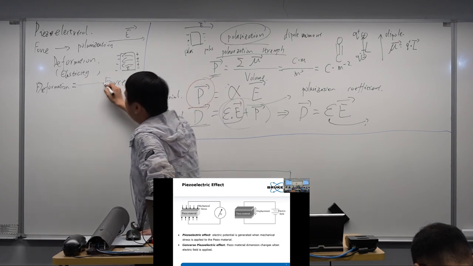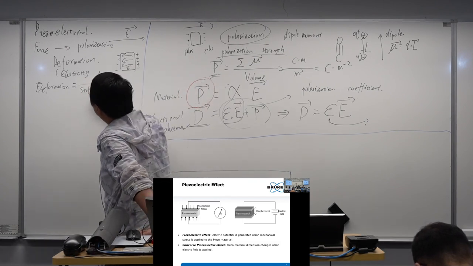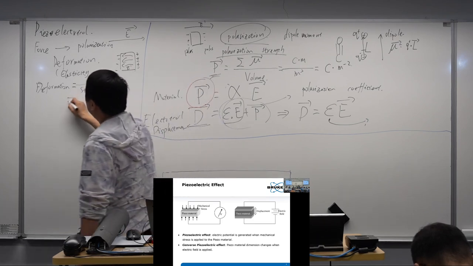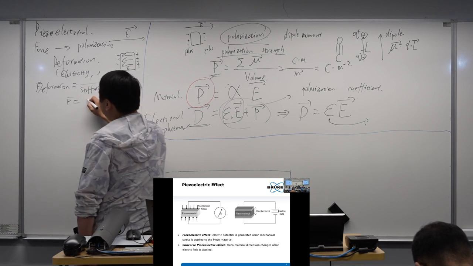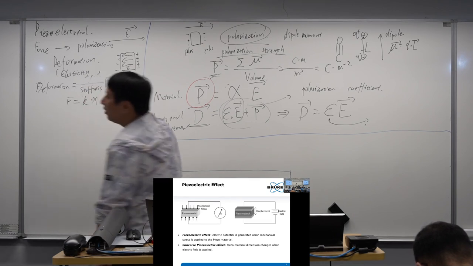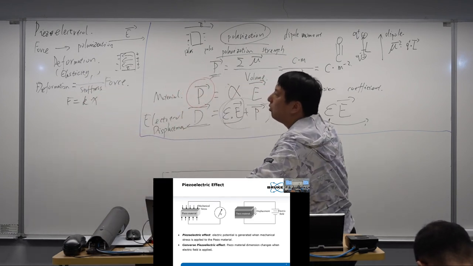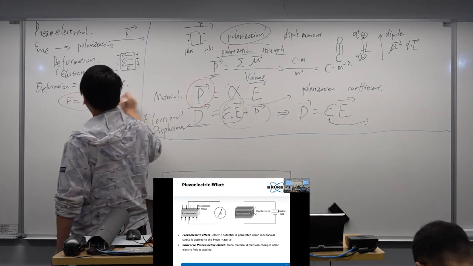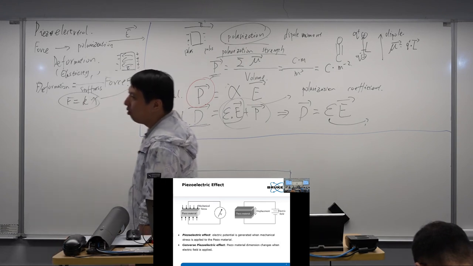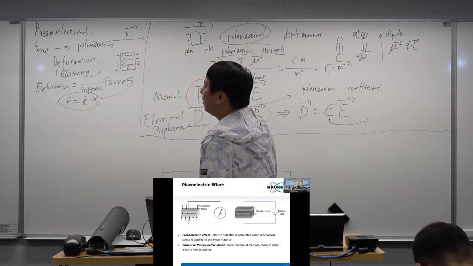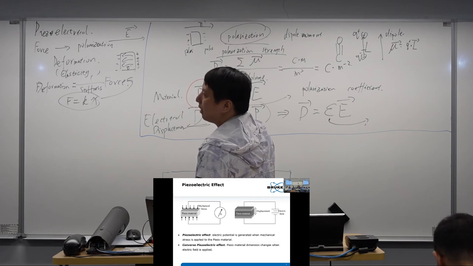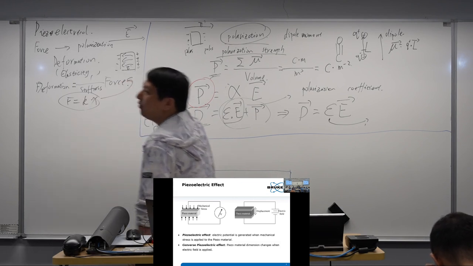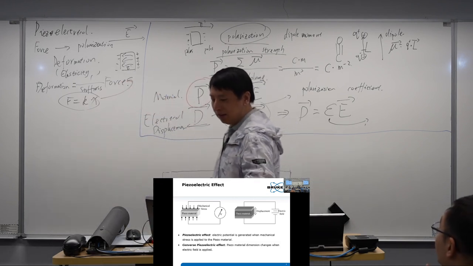Usually, between them is the stiffness, right? We have the famous Hooke's law. For a spring, F equals K times the elongation of the spring. That's the same thing. For Hooke's law, the K we call the spring constant. But when we're talking about deformation or elasticity, we usually call K the stiffness of the material, right?